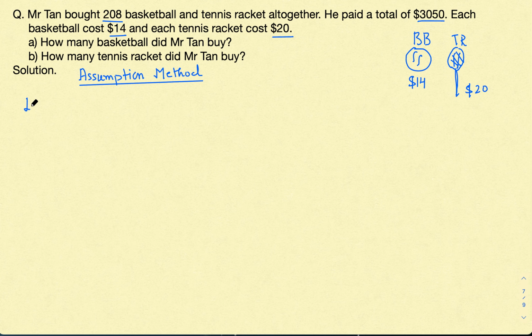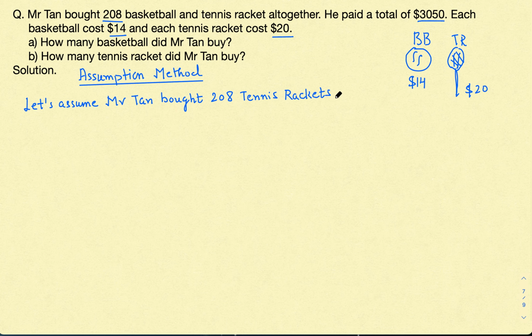Let's assume Mr. Tan bought all the sports items, like 208 tennis rackets. So this is our assumption.